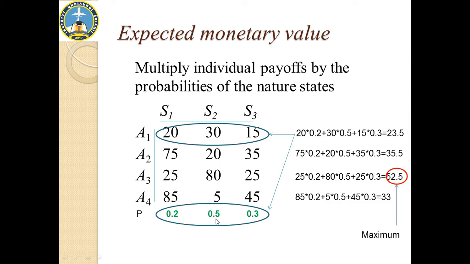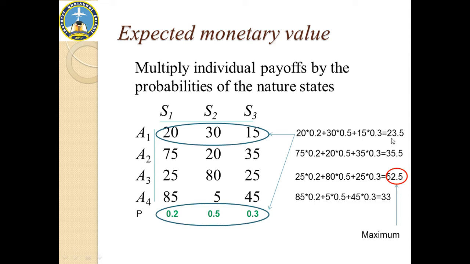And we multiply the third payoff of 15 for the state S sub 3 by its probability, and we add everything up. So 20 times 0.2 plus 30 times 0.5 plus 15 times 0.3, for strategy A1 we get an expected monetary value of 23.5.